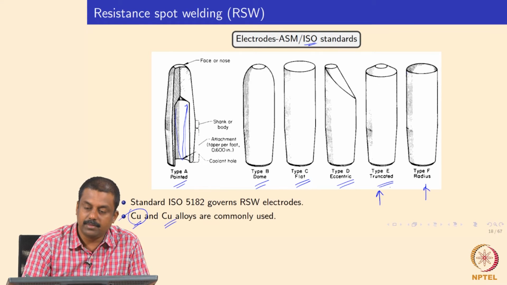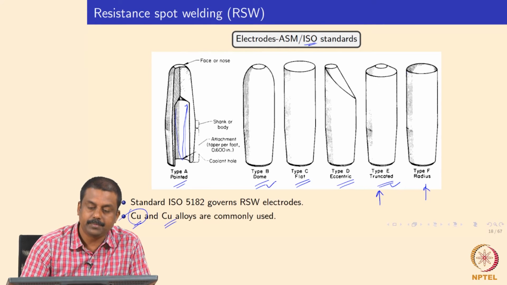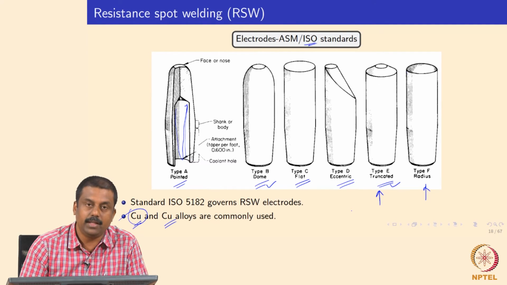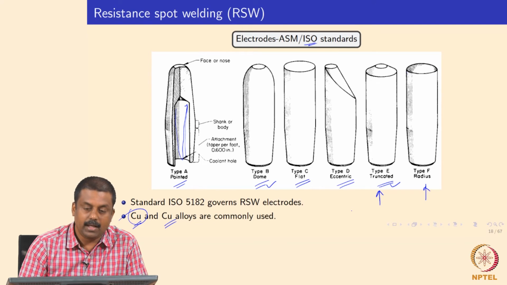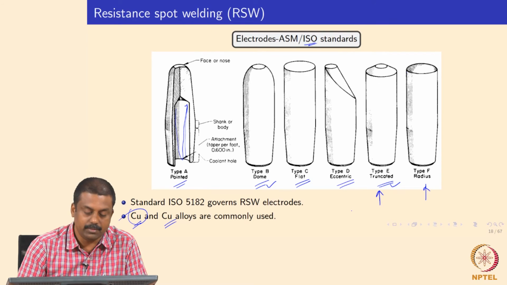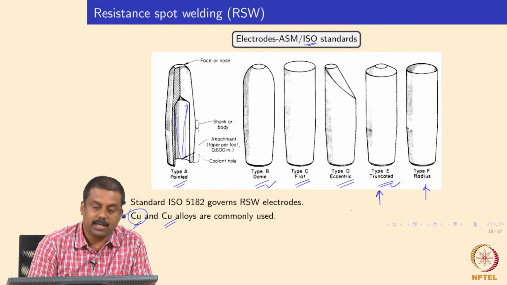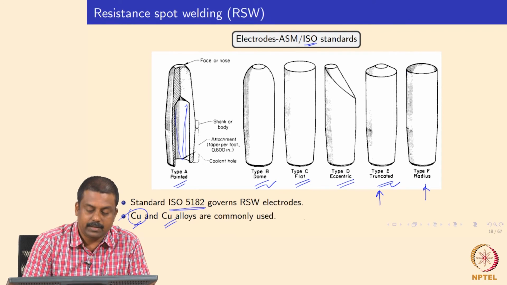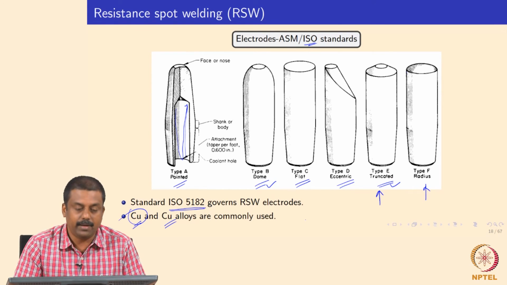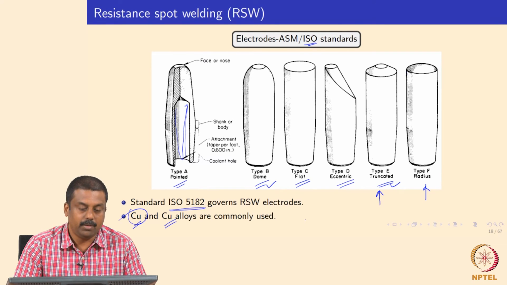The most commonly used electrodes are type E and type B in automotive applications, but based on the various nugget sizes, one can change the electrode shapes, and based on the standards we can choose the electrodes and use them. The actual standard that governs the electrode is ISO 5182; you can refer to it and see how these electrode sizes and shapes can affect your nugget geometry.